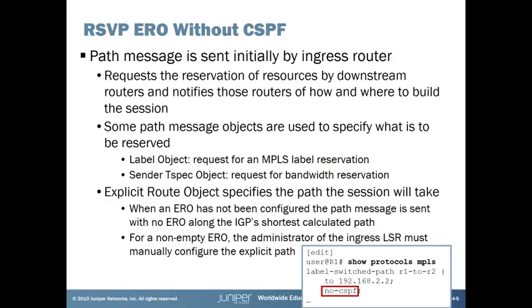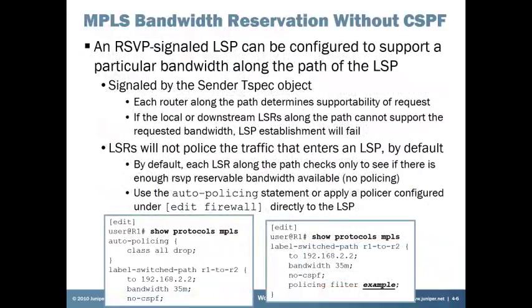Then we went ahead and manually created an ERO, and we put that into our path, and we saw that our path changed from the IGP's default path to the path we had specified within our ERO. That is without CSPF. That's basically how it works.